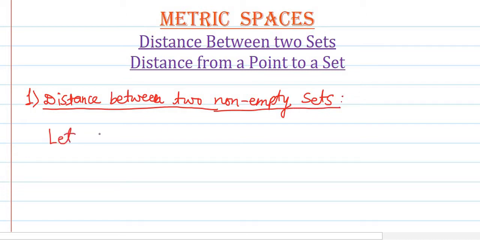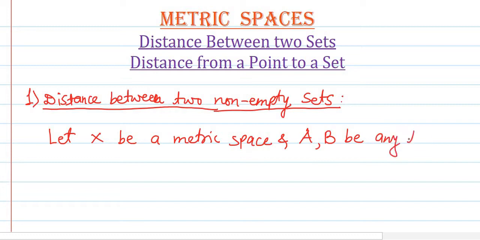Let X be a metric space and A, B be any two non-empty subsets of the metric space X.